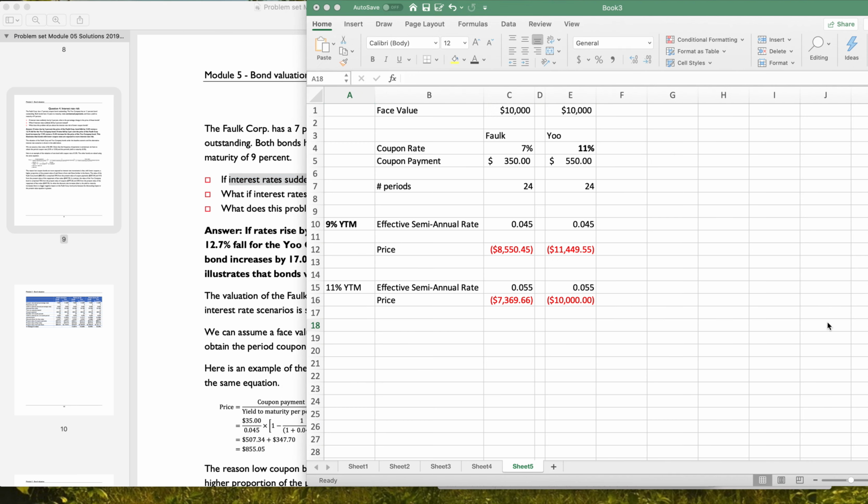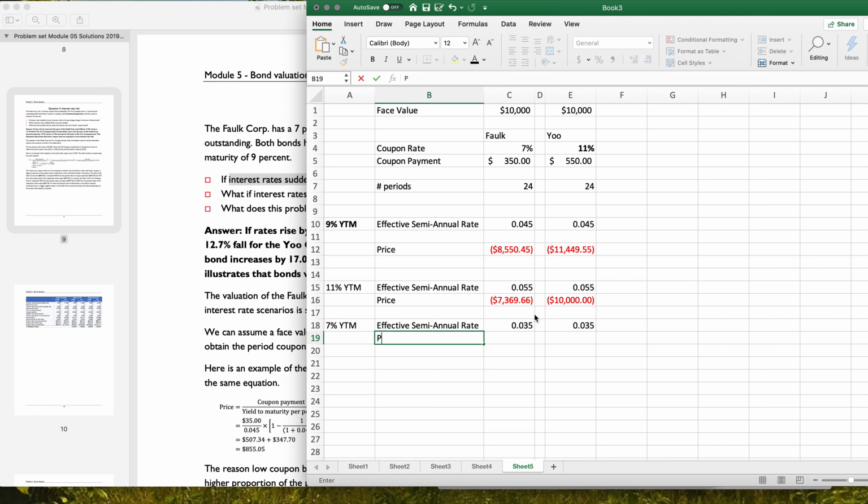Now the next question is, what if they fall by 2%? Let's make a prediction here. This is a 7% coupon bond. Rates are going to rock along. When it hits 7% again, it will trade at par. So the effective semi-annual rate is going to be 0.07 divided by 2.